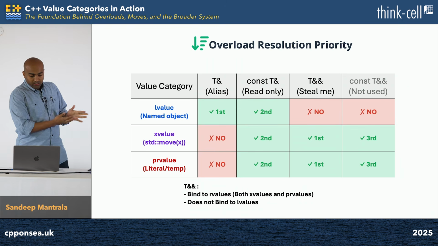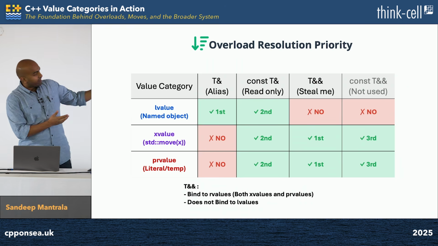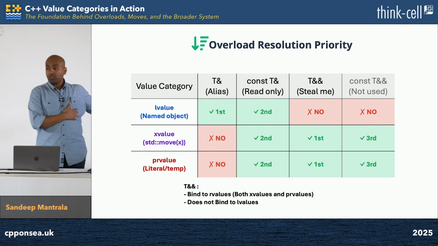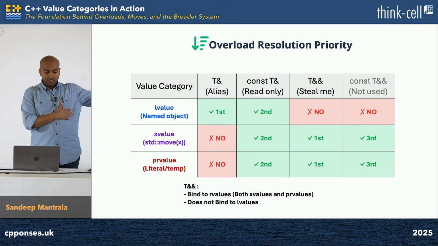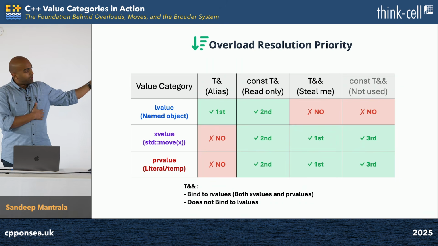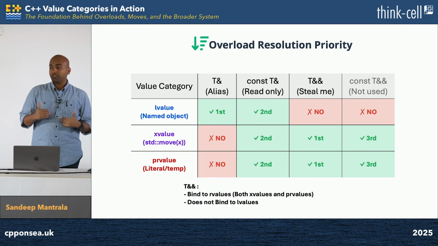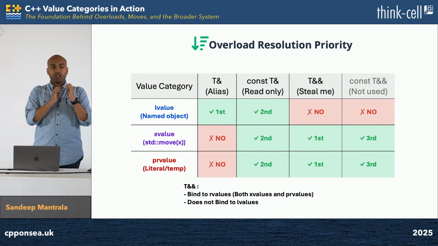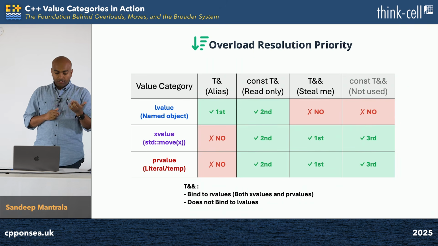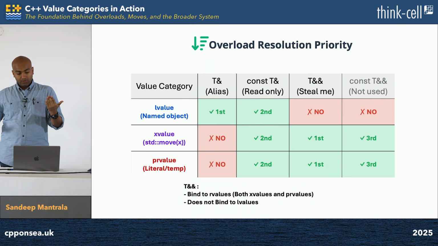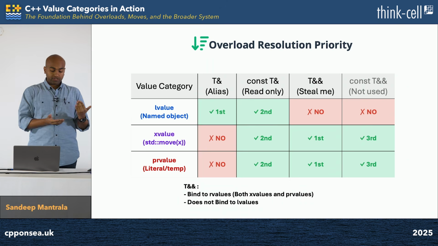Here are the binding rules. When I say first and second, that's the priority. For example, an L value can bind to both an L value reference and a const L value reference, but the priority is 1 and 2. For X values and PR values, the rules are the same for both, so you could think of them together as R values. They would bind to T&& first if it's available. Otherwise, they would bind to const T&.